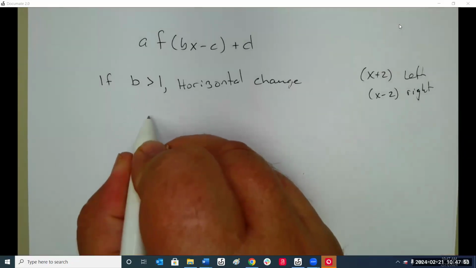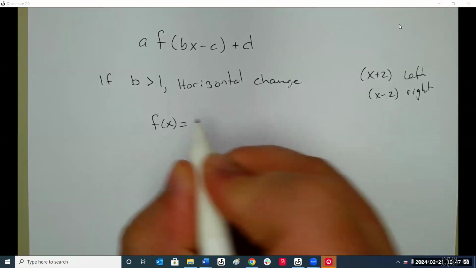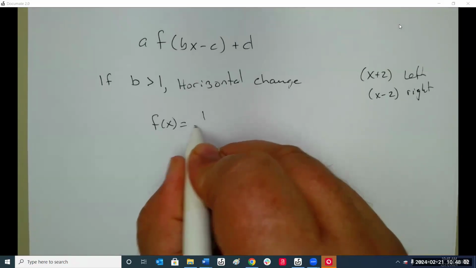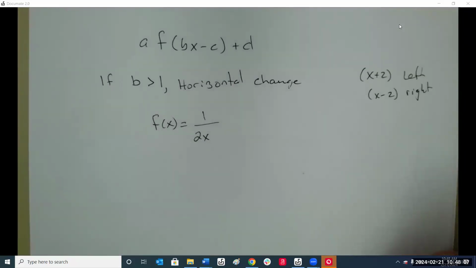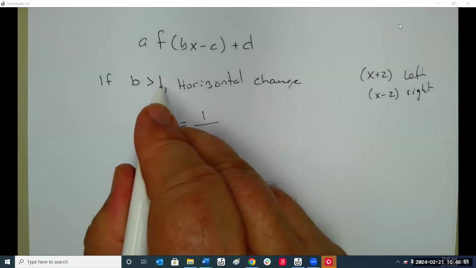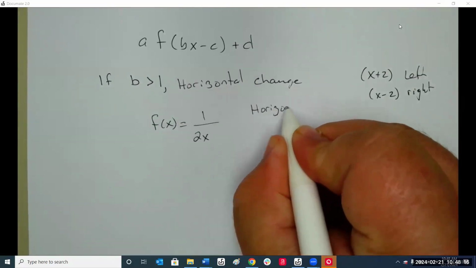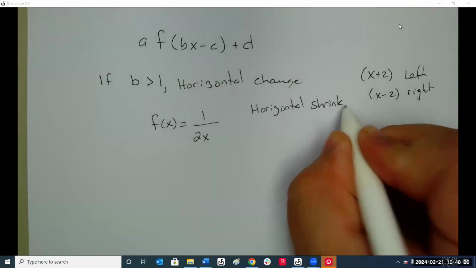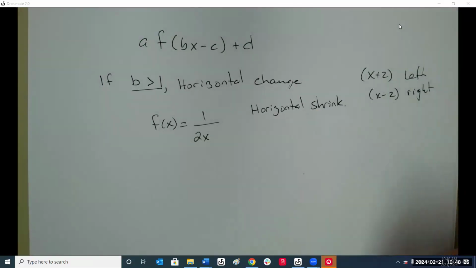So if we had f of x equals 1 over 2x. Since our b value is bigger than 1, this is a horizontal shrink. If b is greater than 1, then we have a horizontal shrink.